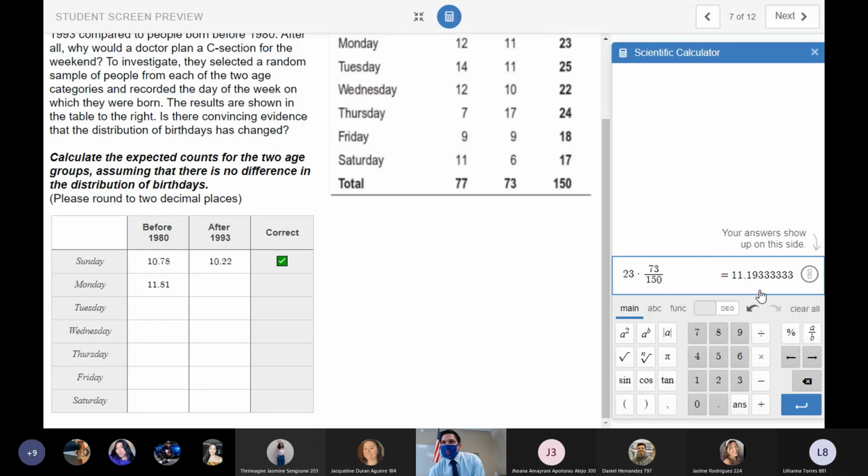Again, this one stays the same because the value to the right of the 9 is a 3. That's less than 5. We're good to go. Okay. We can continue down the same pattern here, and we'll get all the expected values, all the expected counts. Do you have any questions about this particular part?